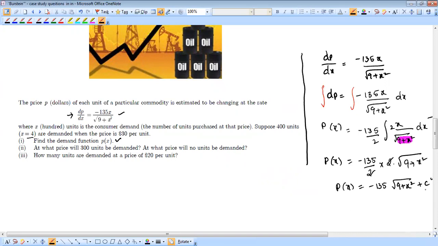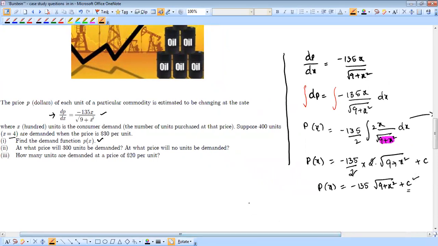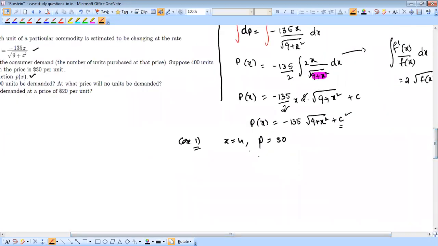So now you are supposed to find the C value. Let me go for case 1. x value is 4 and P value is 30, so substitute this. 30 is equal to minus 135 into root over 9 plus 4 squared, 16, plus constant. 30 is equal to minus 135 and square root of 25, which is 5, plus constant.